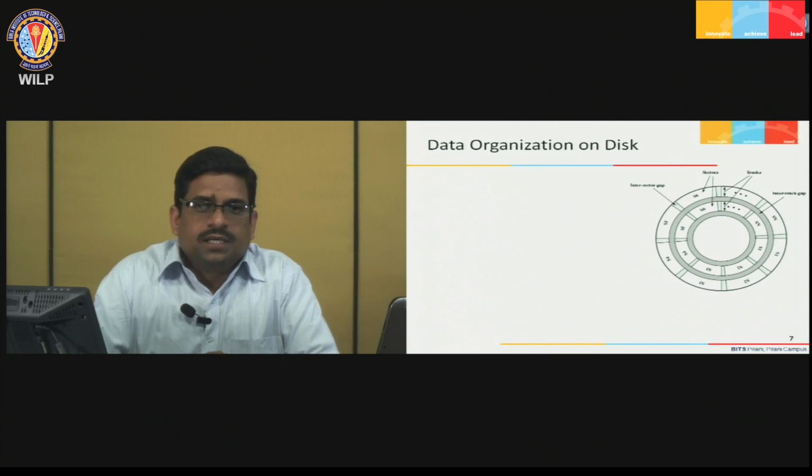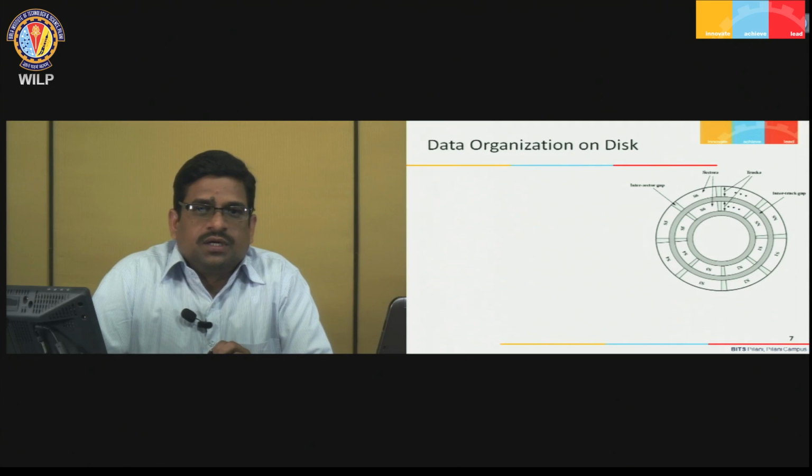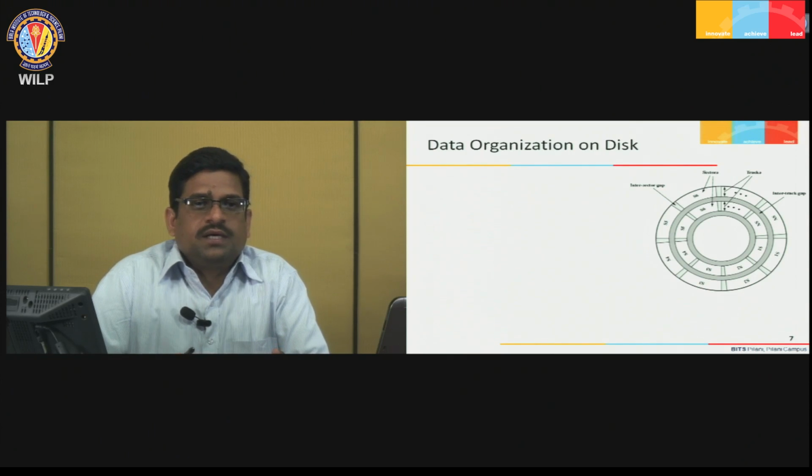Now, let us look at the organization of the data on the disk, how the data is organized, because if you look at the platter, you cannot recognize where the data is or how the information is there on the disk. You cannot see it with your naked eyes, but internally the information is stored such that it can be retrieved later whenever it is required.